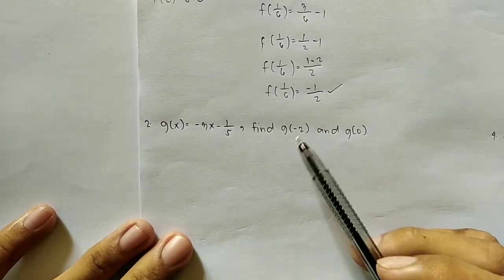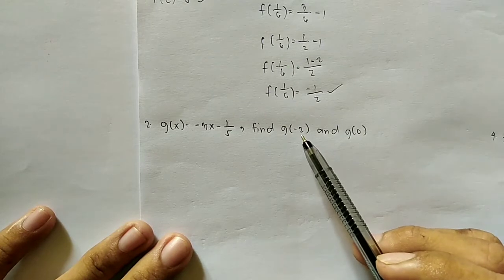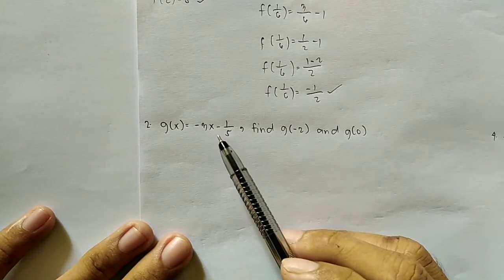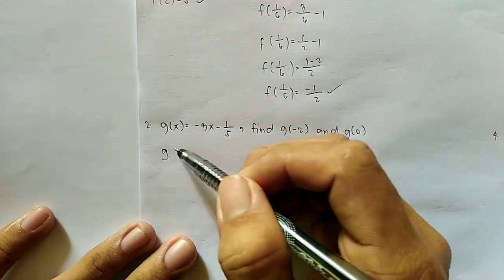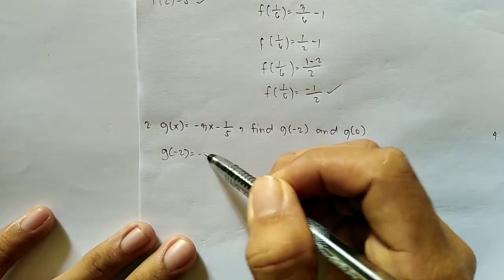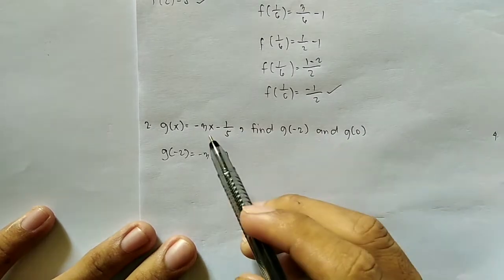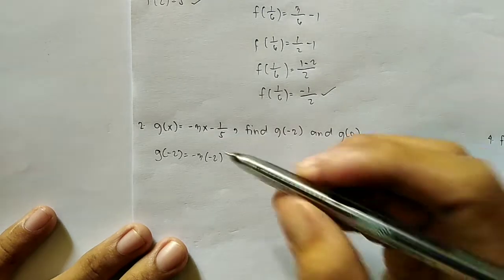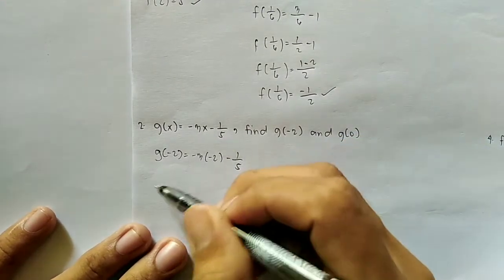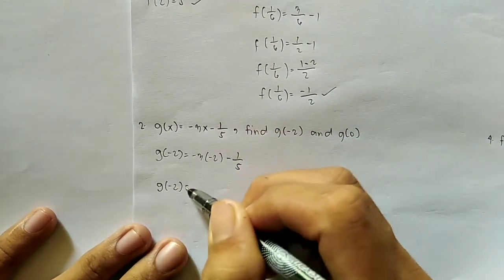Again, just directly substitute the value for the variable x in our given function. So at g of negative 2, negative 3 times negative 2, replacing x with negative 2, minus 1/5.